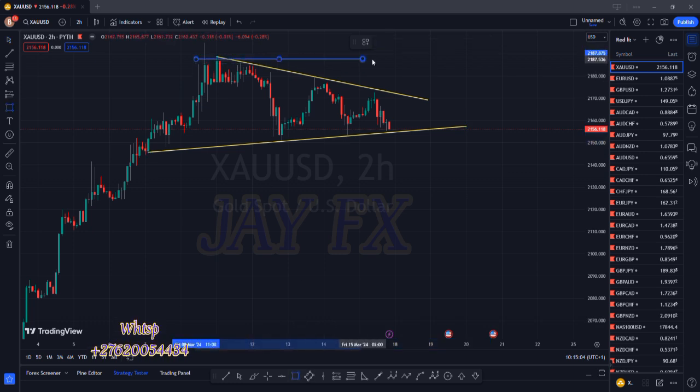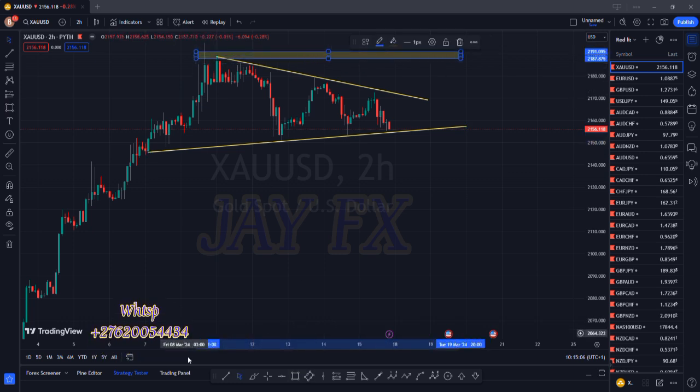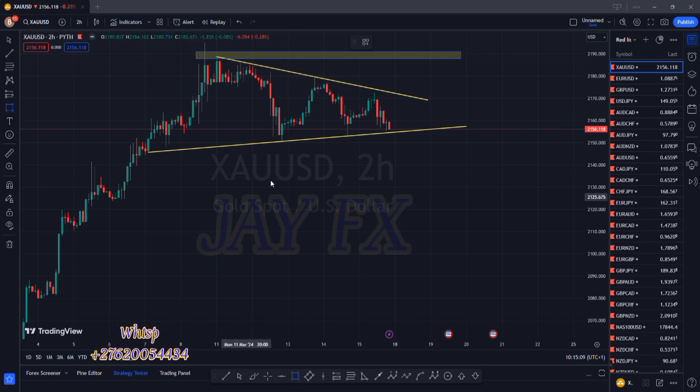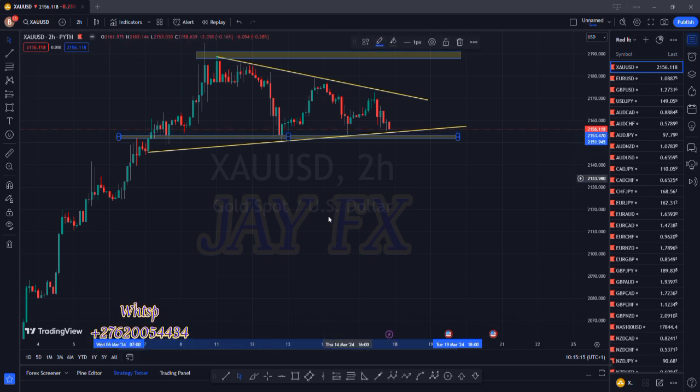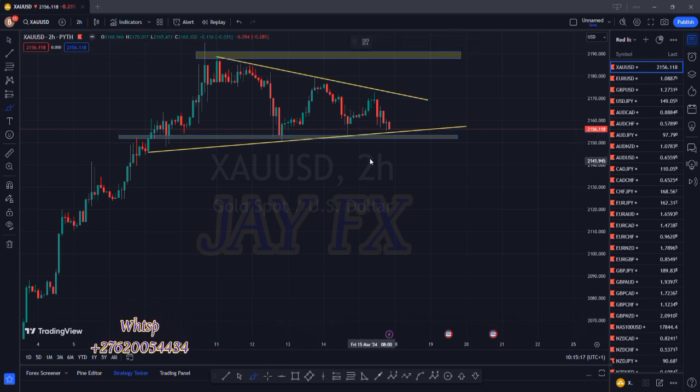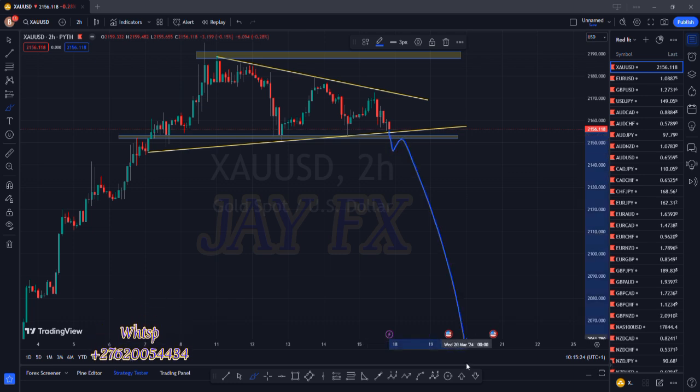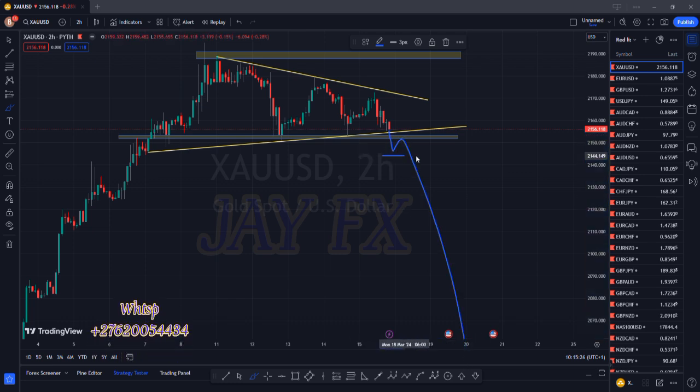Since we have strong resistance above and we have a strong support here, what we're waiting for is the market to break this trend line first. It has to break this trend line and break this support and then retest it, and then we are good to go. So this will be our spot to sell.